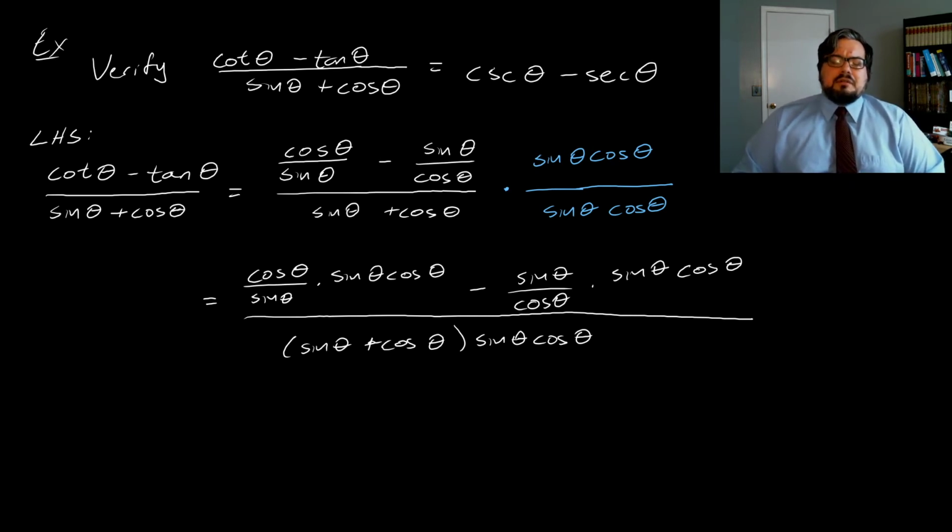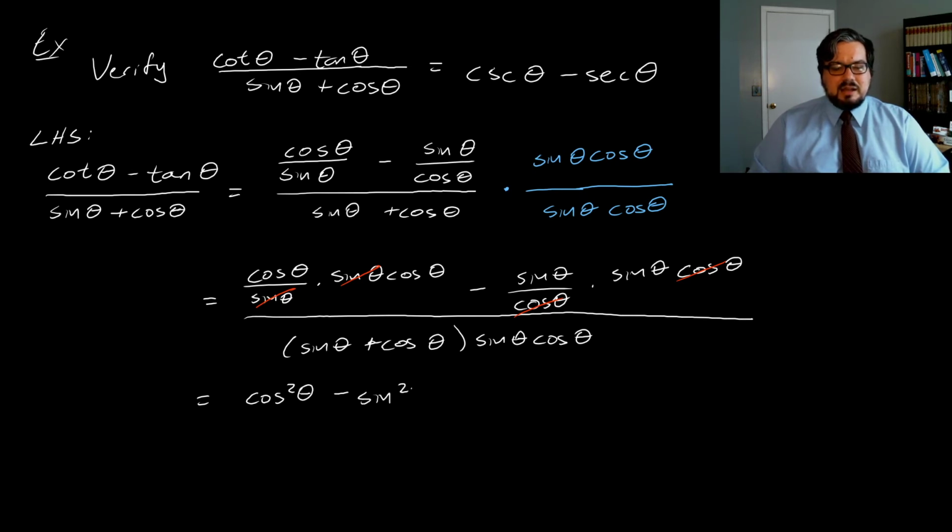Another thing we know from algebra is typically it's easier to work with problems here if you leave the denominator in its factored form. So we're not going to distribute the denominator. We are, however, going to cancel the appropriate factors in the numerator. And so we'll be left with cosine squared theta minus sine squared theta over the denominator, sine theta plus cosine theta times sine theta cosine theta.